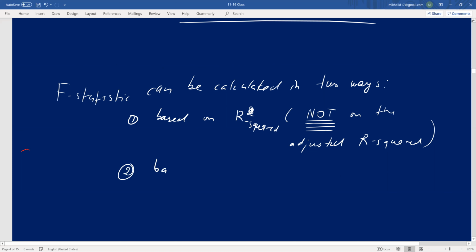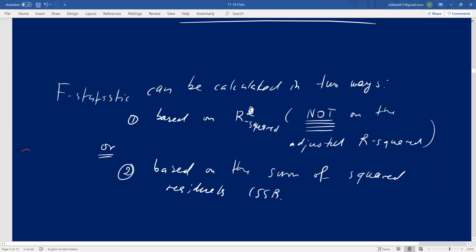Two, based on the sum of squared residuals. So below, I will give you guys the expressions for this.